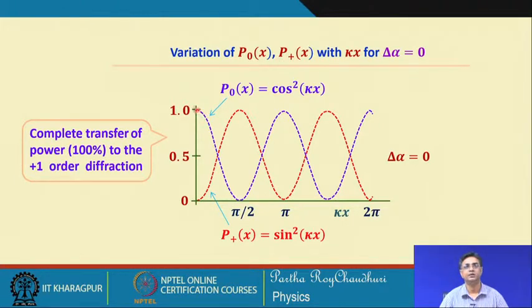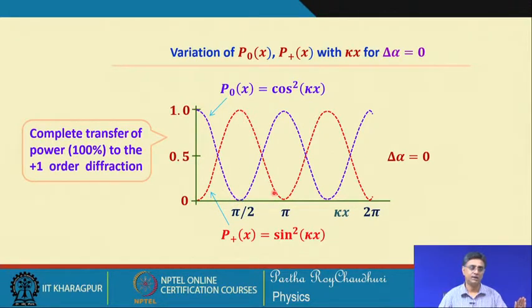Here we start when there is no perturbation, when there is no acoustic field, the maximum power will be here, that is P 0 x. Then with the perturbation, as you increase the value of kappa x, it falls and the power in the diffracted order increases.